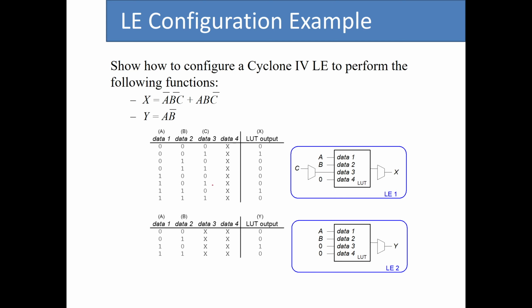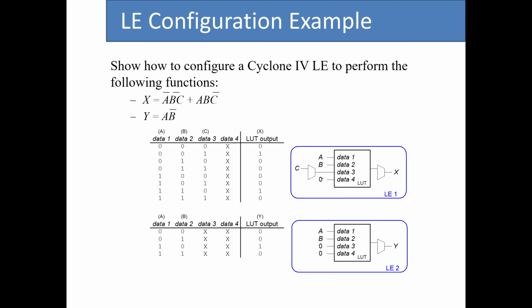Basically, we create the truth table for this function. So we have data 1, data 2, and data 3. Data 1 is A, data 2 is B, and data 3 is C. And data 4 is don't care because we don't have a 4th input.